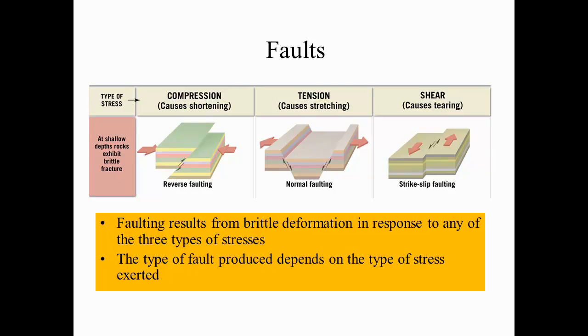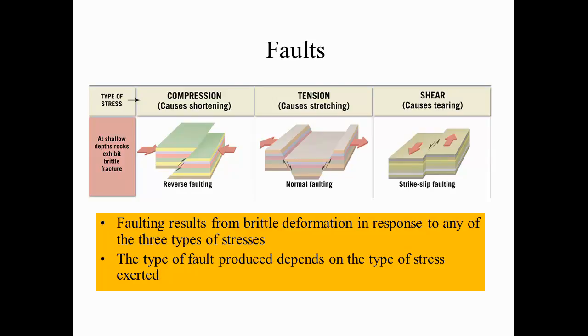So anyway, faults result from brittle deformation in response to any of the three types of stresses: compressional, tensional, shearing stress. However, the type of fault as shown in this figure differs depending upon the type of stress that's exerted.